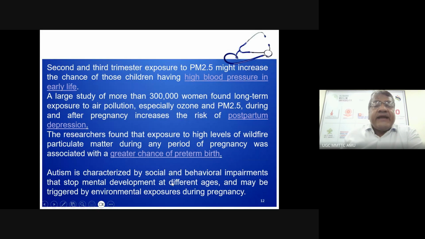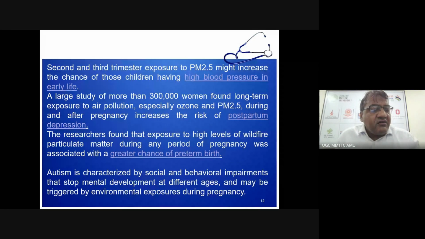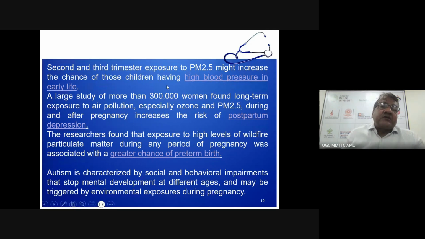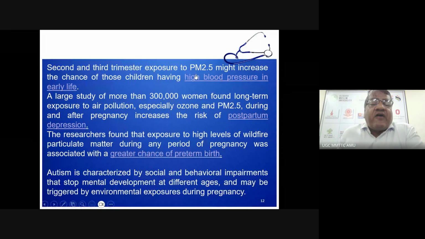Now, second and third trimester exposure to PM particulate matter 2.5 might increase the chances of those children having high blood pressure in early life. In the present scenario, the doctors are seeing high blood pressure in children at the age of 20, age of 18, just because they must have been exposed to this air which has PM 2.5.